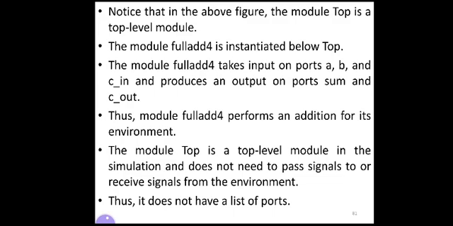The module full_add4 takes inputs on the 3 ports, that is A, B and C, and produces output ports, that is sum and C out. Therefore the module full_add4 performs an addition for its environment. As it is a 4-bit full adder, it performs the addition operation for its environment, and its environment is the top module.